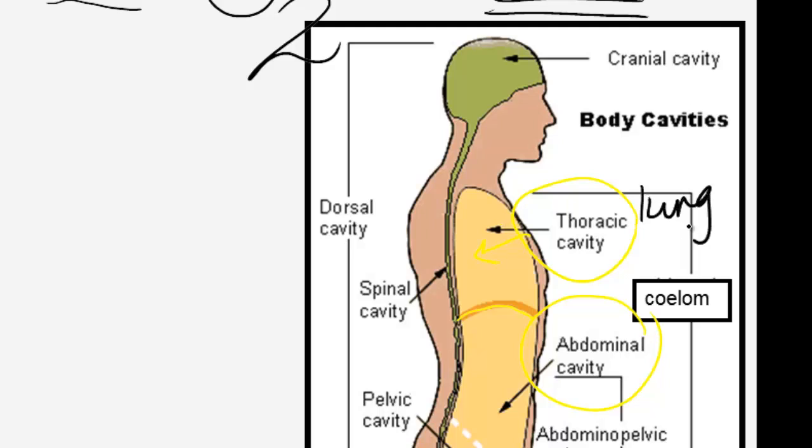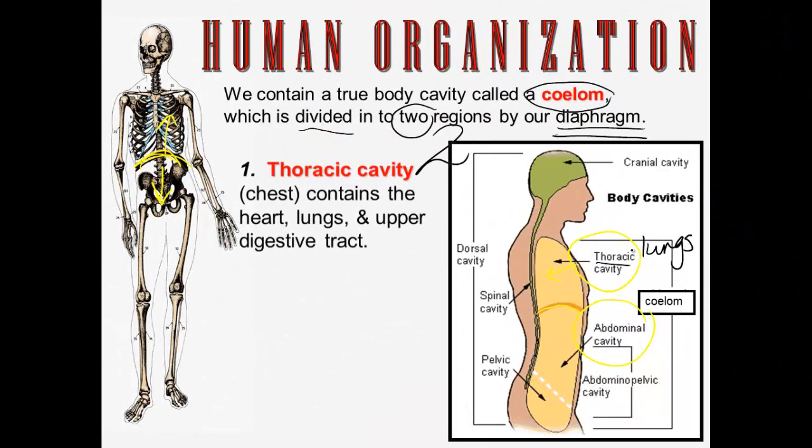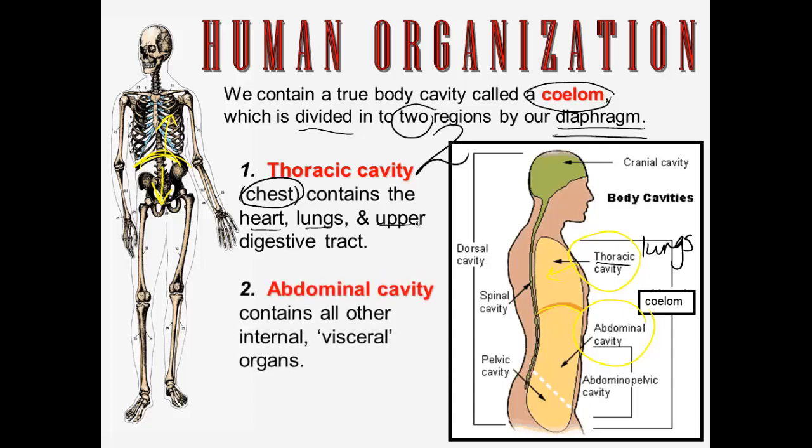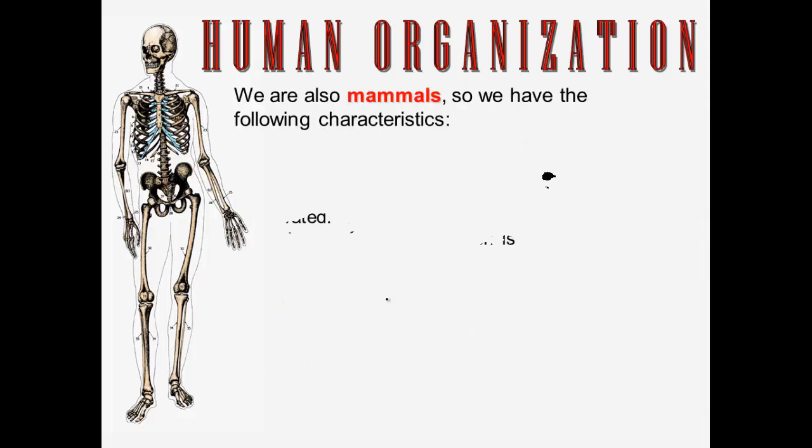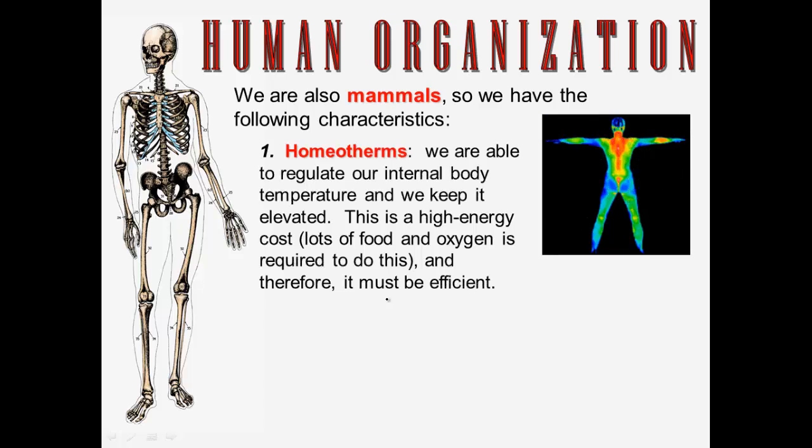Whenever you see the word thoracic, you should be thinking chest and lungs. So the thoracic cavity has the heart, the lungs, and the upper digestive tract like your esophagus. And the abdominal cavity has all of the other organs, and we call those visceral organs, so your liver and your kidneys.